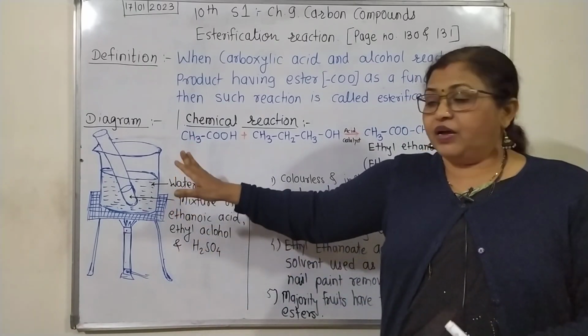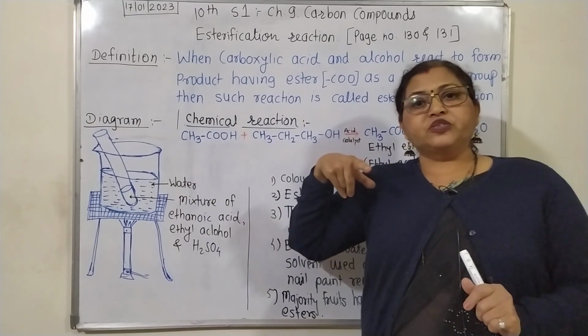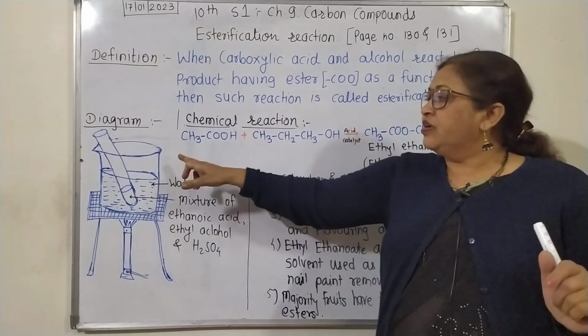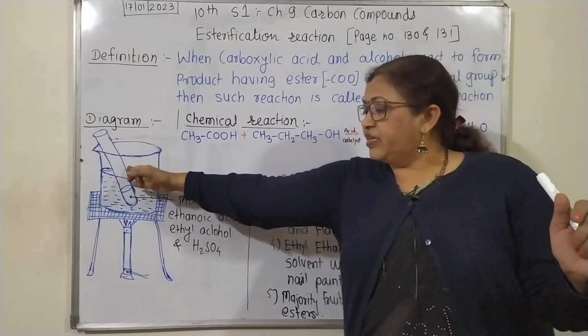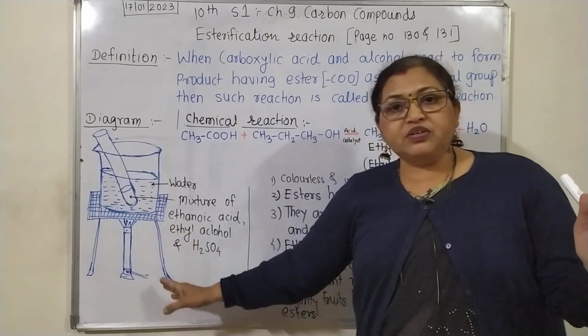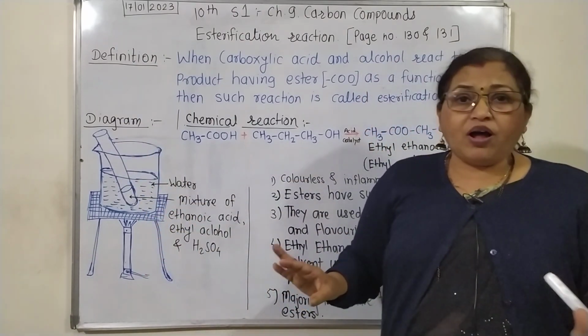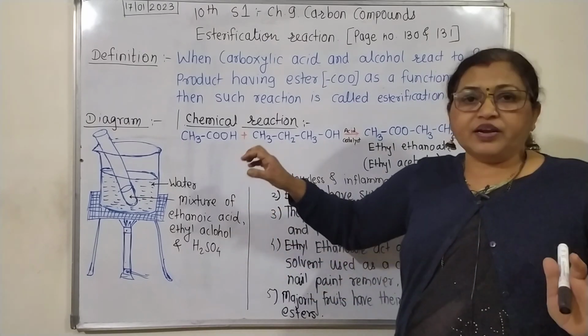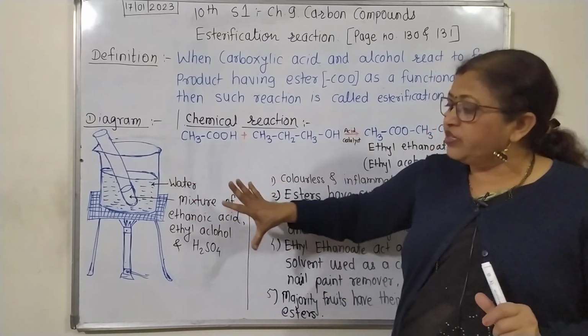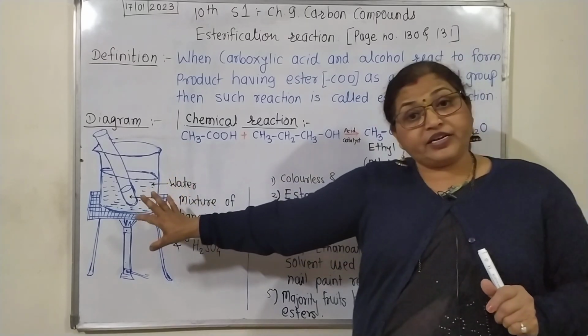But with this, if you observe the diagram on page number 130, the beaker, test tube, wire gauge, burner, tripod stand, etc. all names are also printed. You are able to write those. So I have written only the what chemicals are used in the reaction.